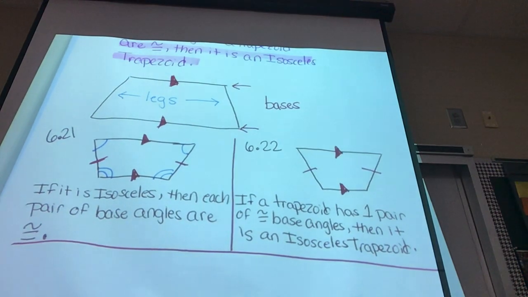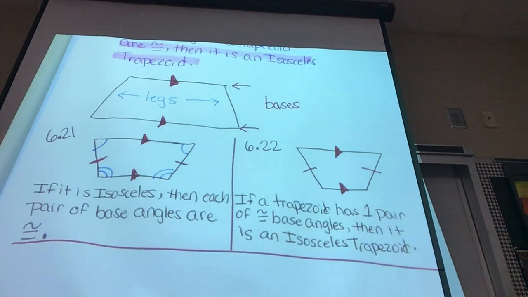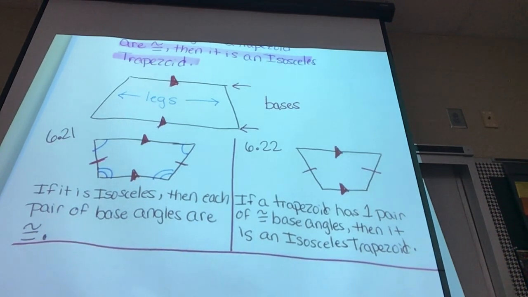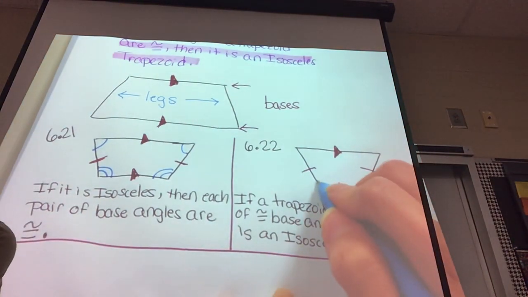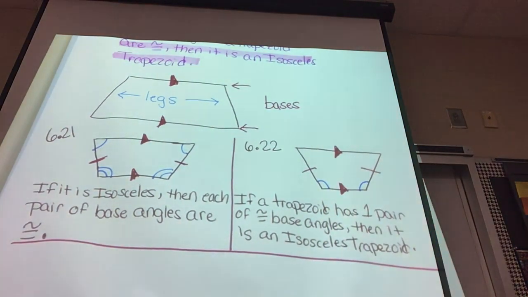So if we know that we have a trapezoid and it has, of course, our parallel lines, we know that we have the legs that are congruent, and all we know is that we have one pair. So if I say all I know is that I have these two that are congruent, then I know it's an isosceles trapezoid, as long as it has one pair.